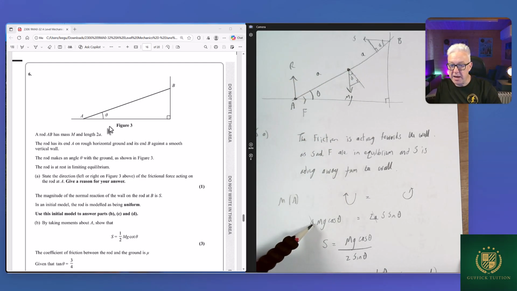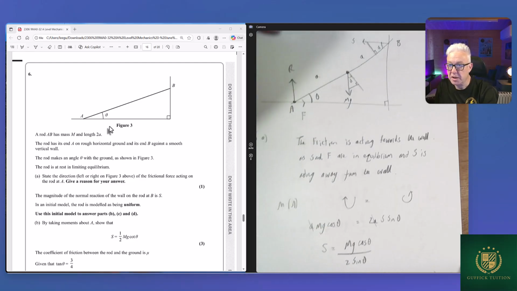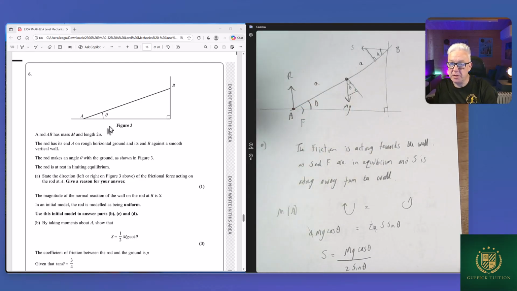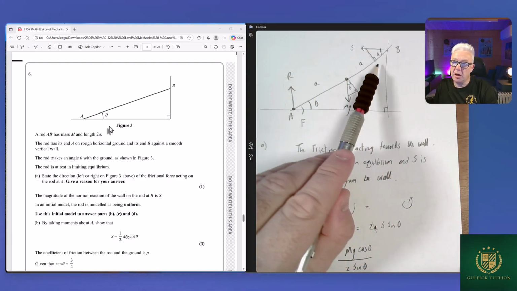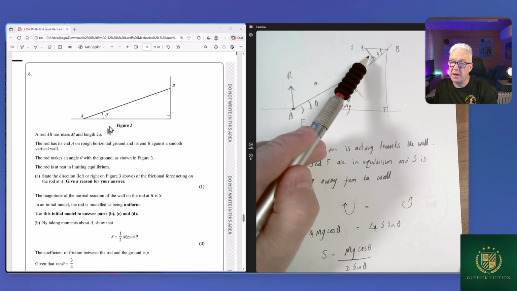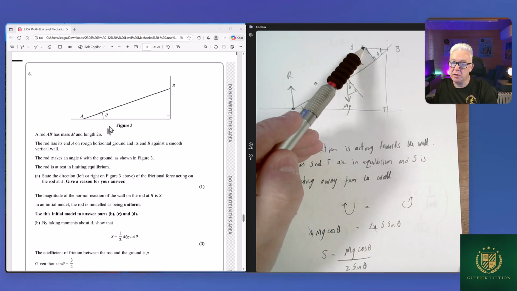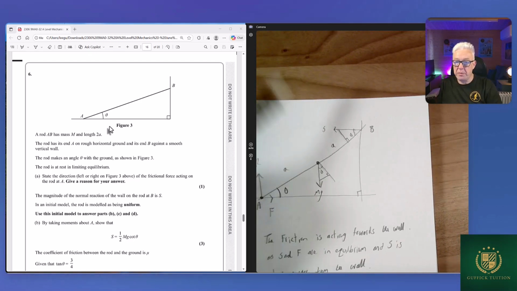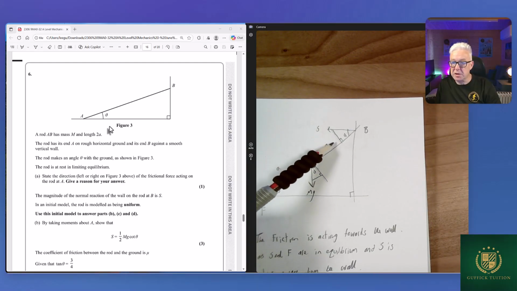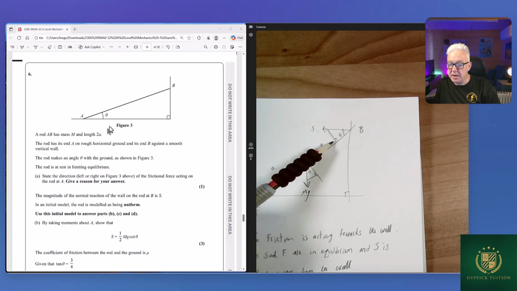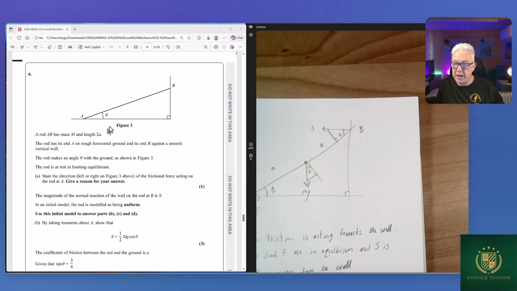So that is a times mg cos theta is the clockwise turning moment. The anti-clockwise turning moment is going to be all the way up here at 2a. So it's going to be 2a times S, but times sine, because we want the component that's perpendicular to the rod. Okay, so it's going to be 2a times S times sine of theta there.